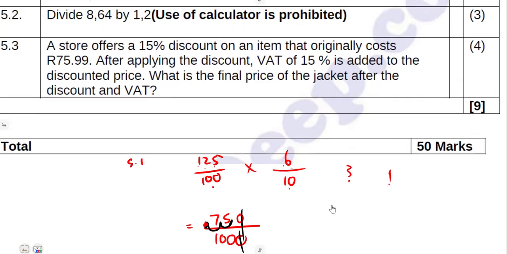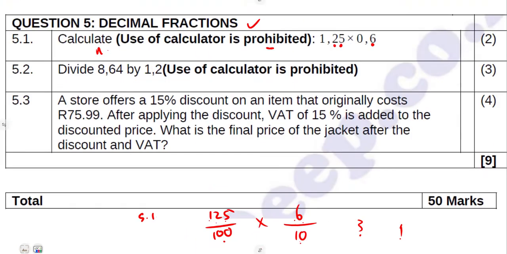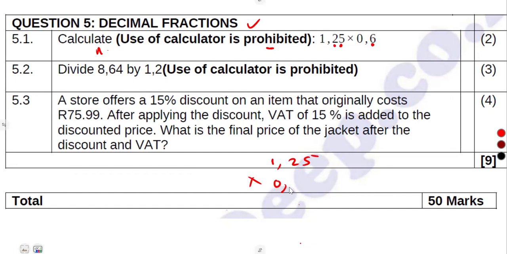So many ways that you can use, guys. You can even just ignore the decimals and multiply 1.25 times 0.6. So just use the whole numbers here. 6 times 5, that's 30. 6 times 2, that's 12, and we add 3, that's 15. 6 times 1, that's 6, plus 1, that's 7.